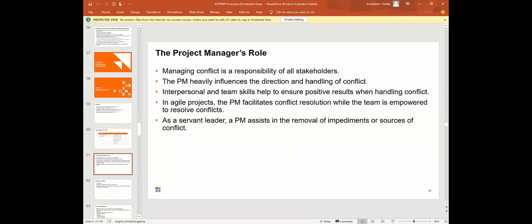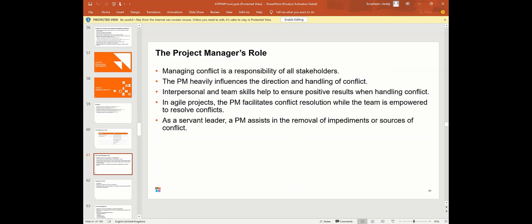So what is the role of the project manager in all of this mix? Managing conflict is a responsibility of all stakeholders. The project manager heavily influences the direction and handling of conflicts. Of course, please note, managing conflict is the responsibility of all stakeholders.